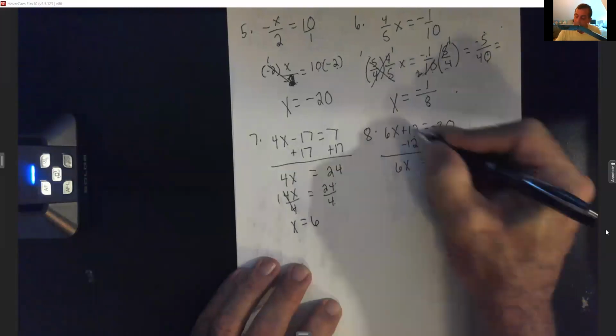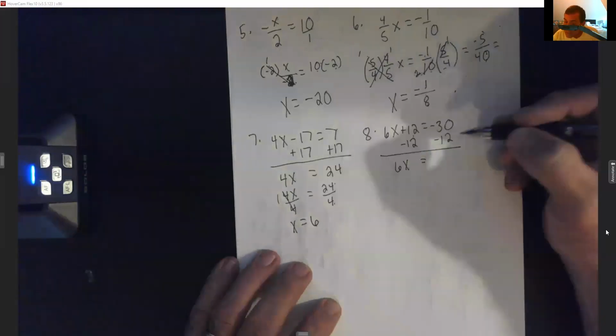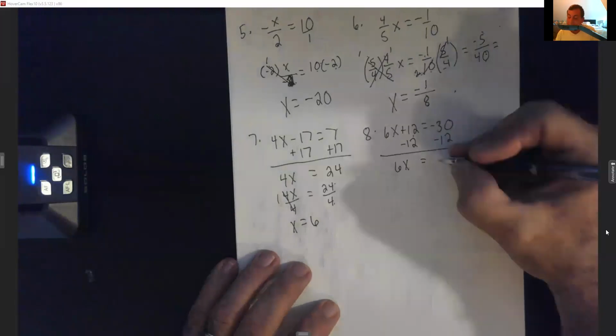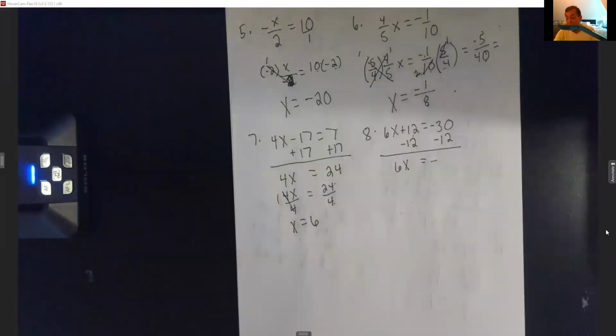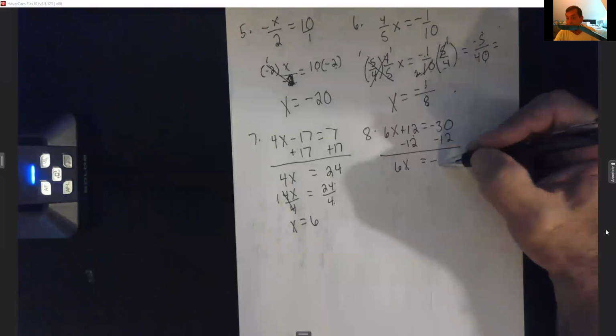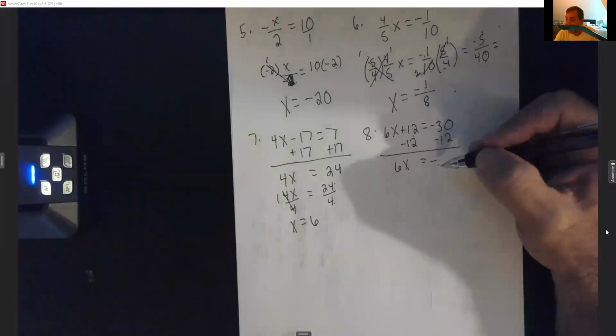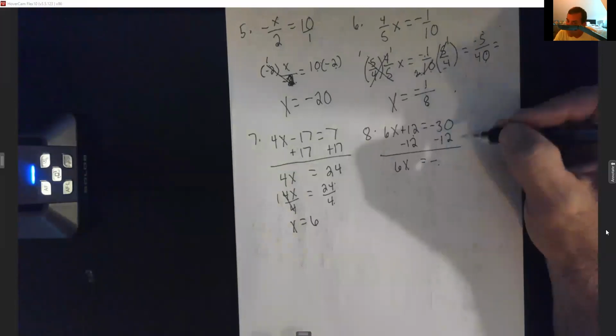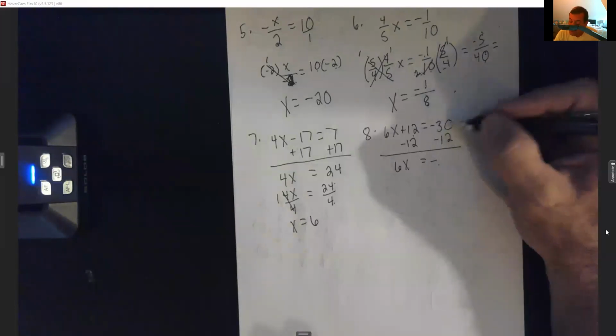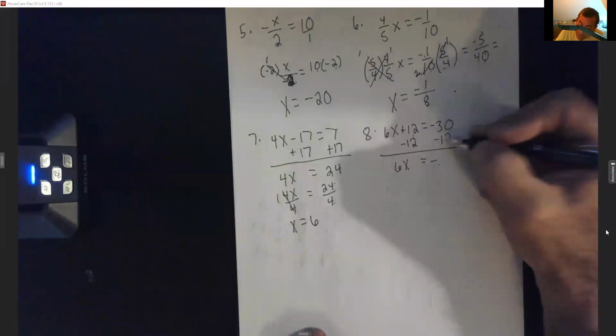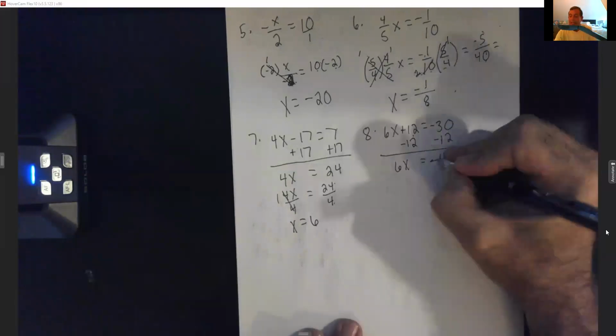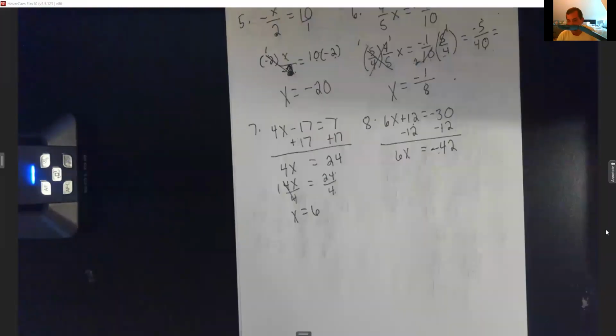Those cancel. Now you're adding like signs. So since you're adding like signs, it's going to be a negative answer. Two negatives add to stay a negative answer. You can't make a positive out of these unless you're multiplying or dividing, okay? Now, since they're like signs, you add those numbers. So 30 plus 12 is 42, which means I get a -42 when I add those up.